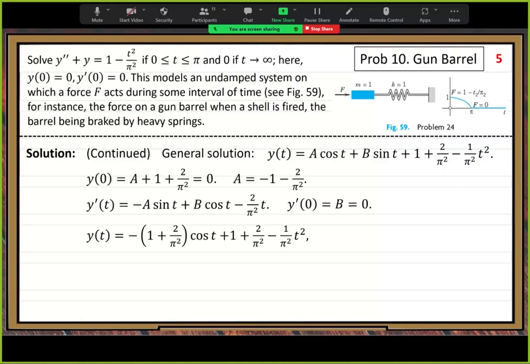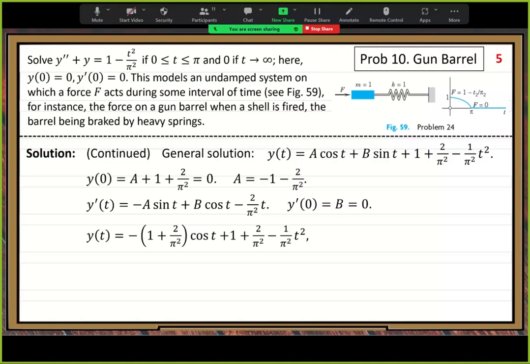But is it the final solution? Look at the whole question. Is it the final solution? Y of t is part of the solution for the interval t between 0 and pi, right? For t after pi, we cannot use that equation.